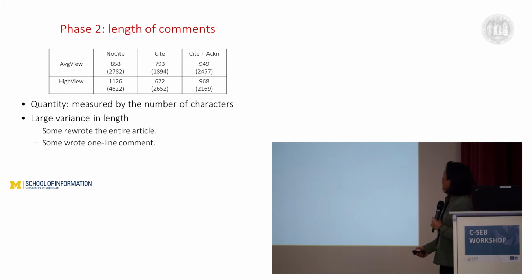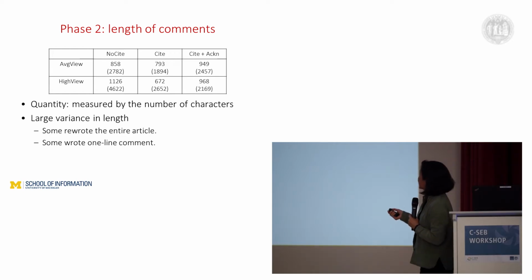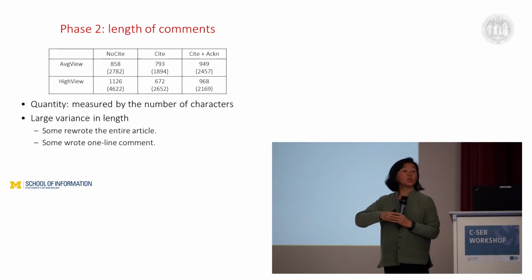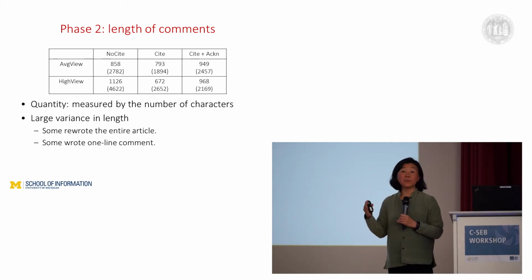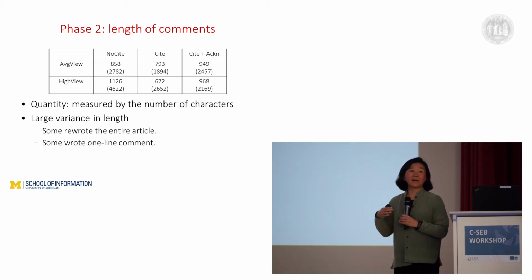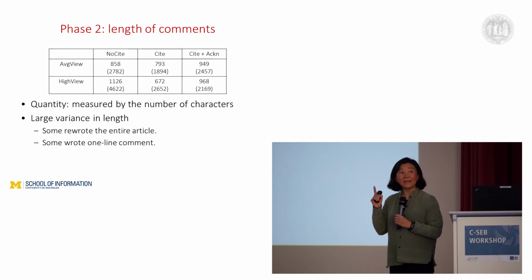And then the second phase, we look at the length of comments. These are the character counts in each of the experimental conditions. The one thing to realize is there's a huge variance in the length of comments. We have people who rewrote the entire article, and we also have one-sentence comments. The one-sentence comments are not necessarily bad.